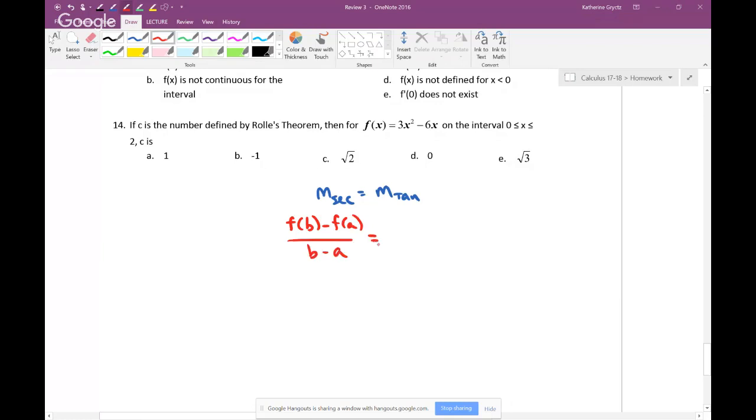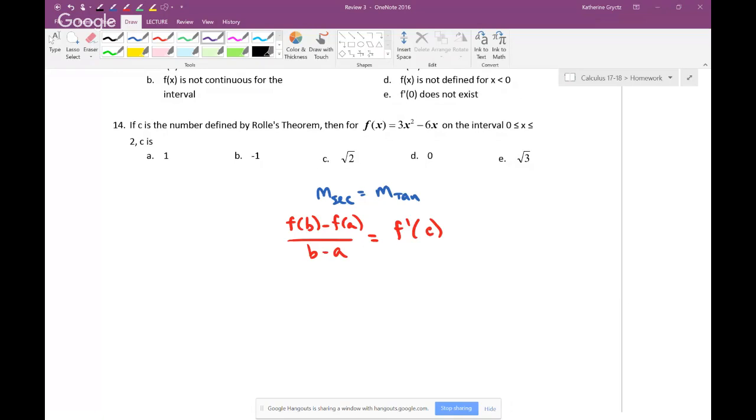What are you doing top minus bottom? What are you talking about? For the M secant, right? Yeah, what do you mean top minus bottom? Like your function on top minus, you plug in the values and then over, so it'd be like f of 2 minus f of 0 over 2 minus 0.